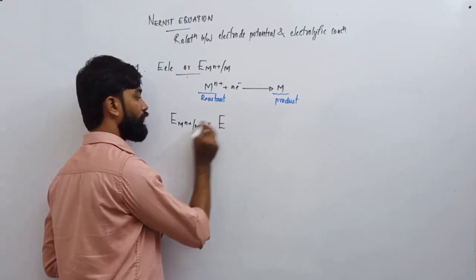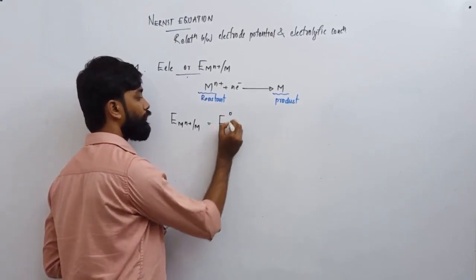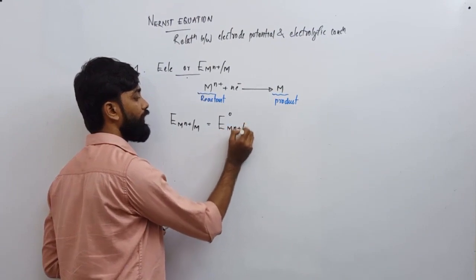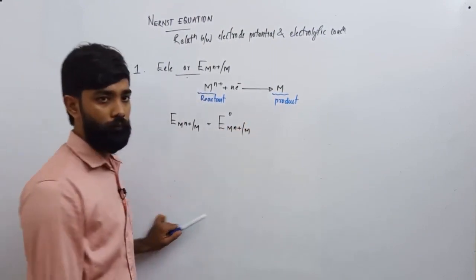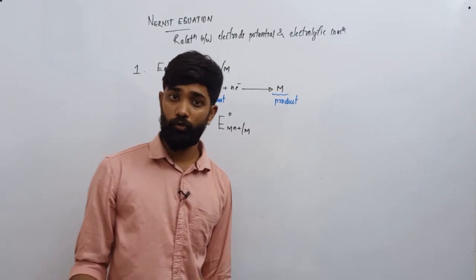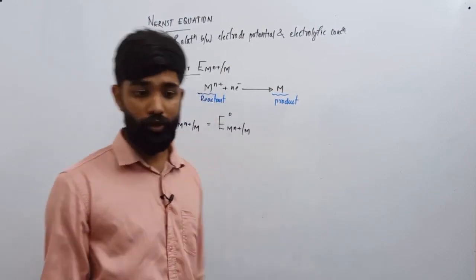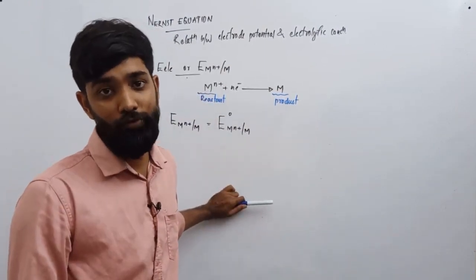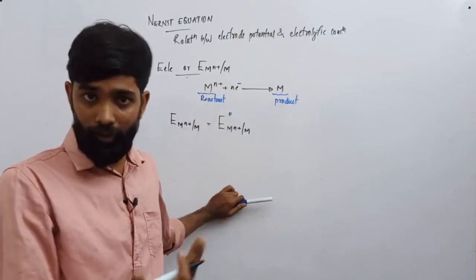For finding the electrode potential, first of all, you have to know what is the standard potential. That standard potential may be given in your question, and it is already determined with the help of SHE, as we know, and it is stored in your electrochemical series.